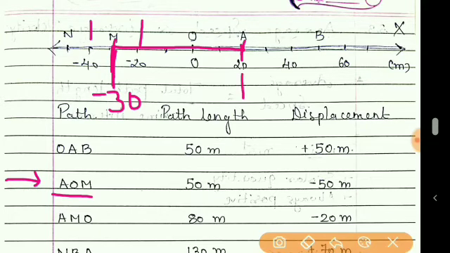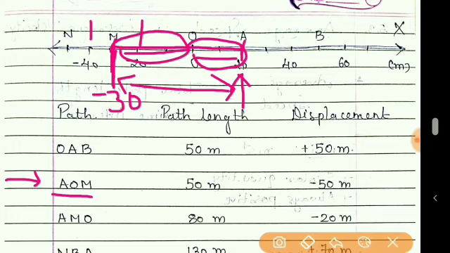But initially, where was the particle? It is at 20, and so from 20 to this 30, what is the distance? From 20 to 0, this much distance will be 20, and from 0 to 30, this is 30. So 20 plus 30 is 50. So path length is 50 in this case.